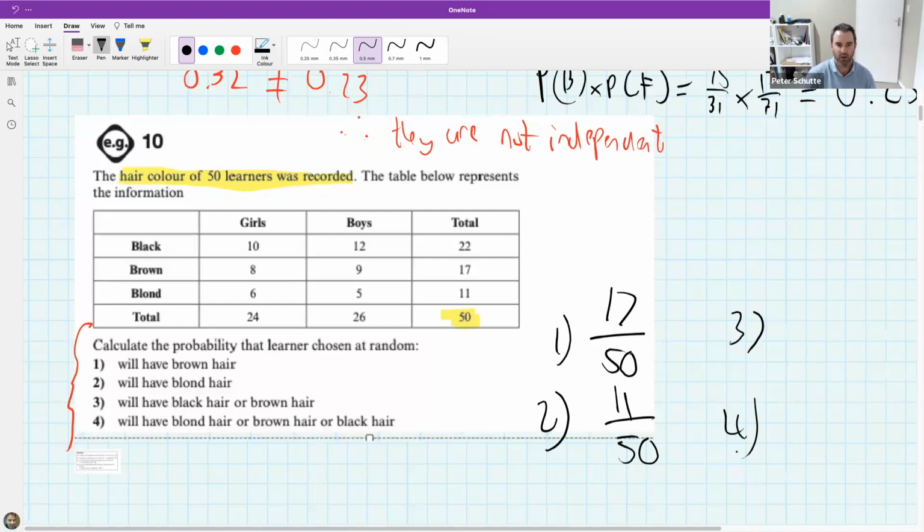Now, the next ones are a little bit more interesting, because they have an or. So the or means the favorable outcomes could be bigger. It could be this or that. It's still going to be out of 50 for both of these.